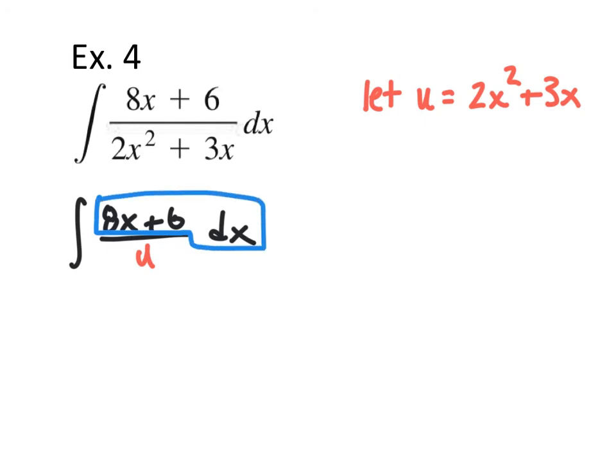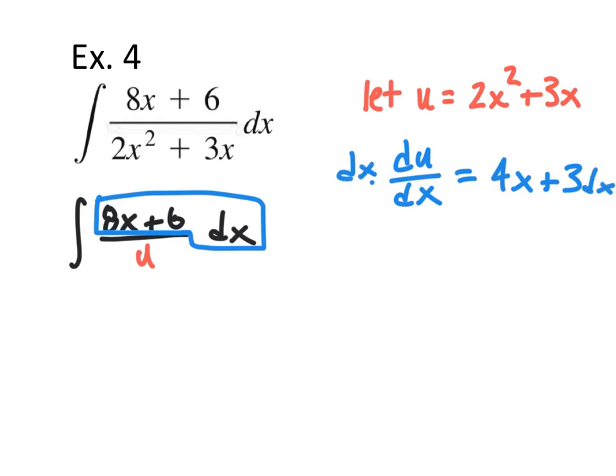So up over here, I'm going to rewrite this now as du dx. The derivative of u with respect to x is now equal to 4x plus 3. Okay, I can move my dx to the other side, okay? So we get that du is equal to 4x plus 3 dx, okay?